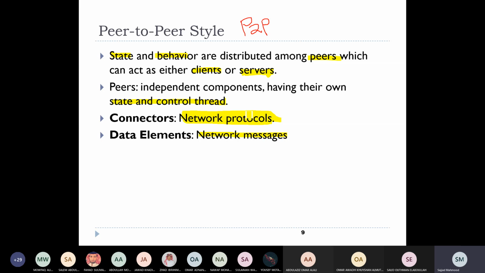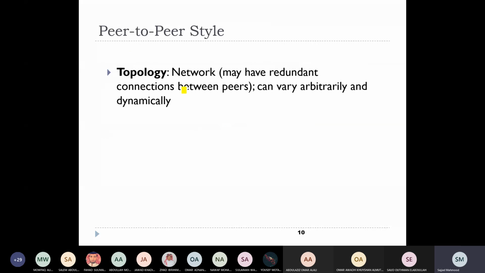So a file, data, whatever is being shared between these peers over a P2P infrastructure, is shared in the form of network messages. Now, the topology of such a system is a network topology. It's all different peers interconnected with each other.